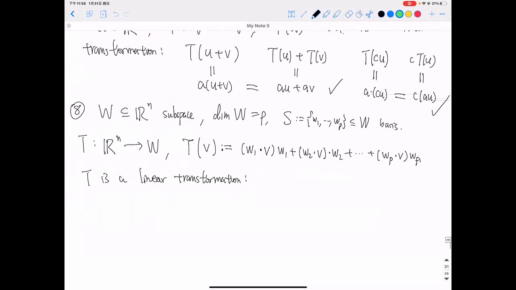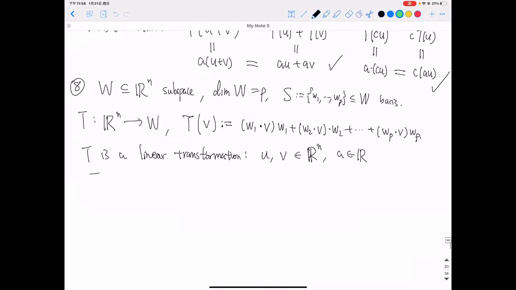For this, you just have to do those checks again. Again, you have u and v in the space Rn, and scalar a in R. Let's first of all compute T of u plus v.